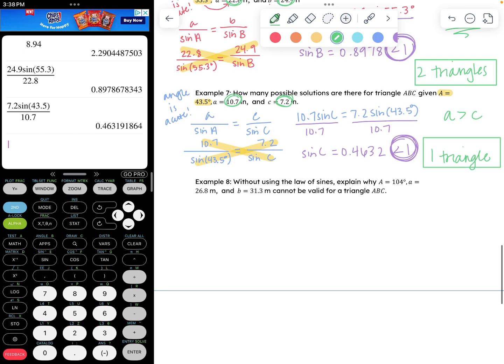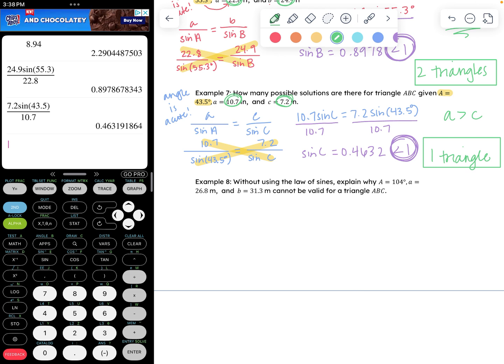And last example, it says without using the law of sines, explain why A equaling 104 degrees, A being 26.8, and B being 31.3 meters cannot be valid for a triangle A, B, and C. Okay, so this one we're not actually going to use the law of sines, because it says without using the law of sines.